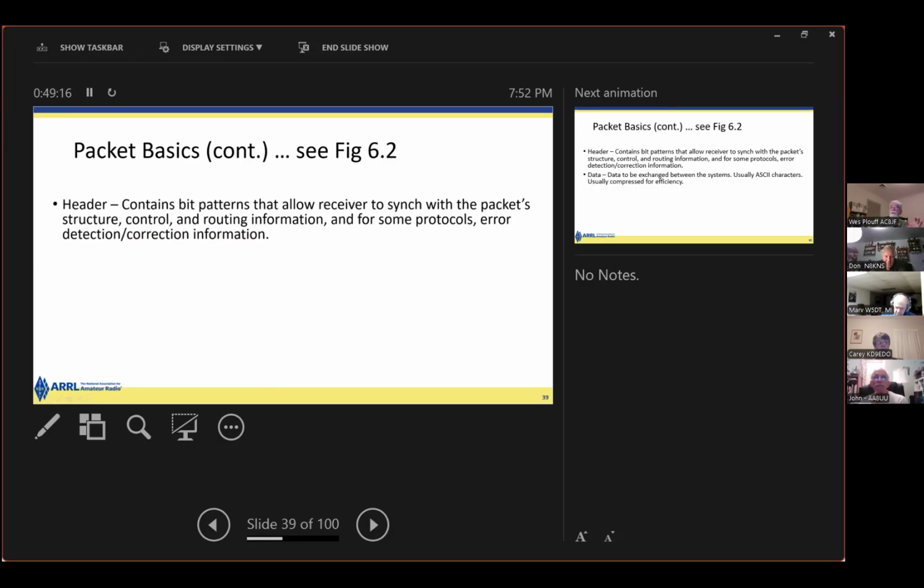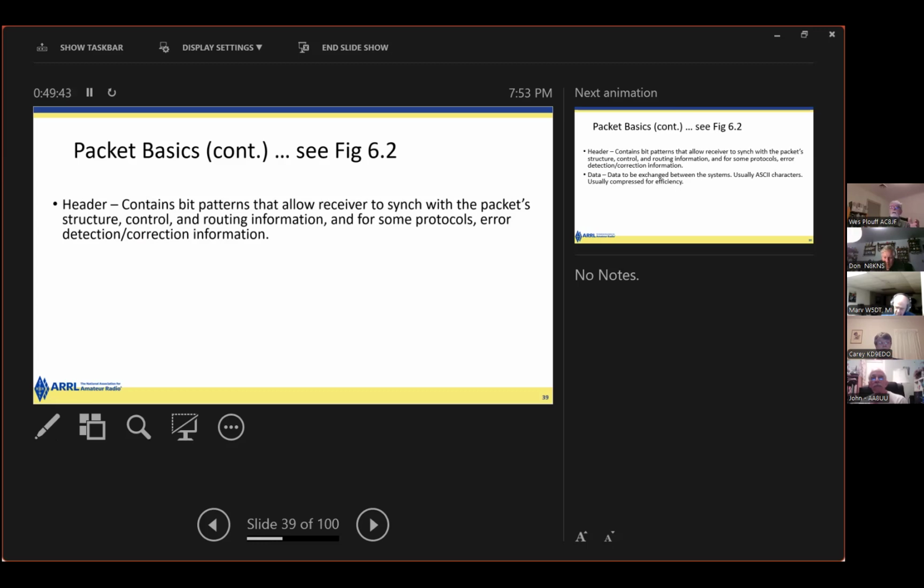The header usually starts with a synchronization pattern, so that the receiver, or actually the software that does the decoding, can adjust to the timing of the incoming signal. And then it contains control information, sometimes routing information, sometimes information about error detection or correction.